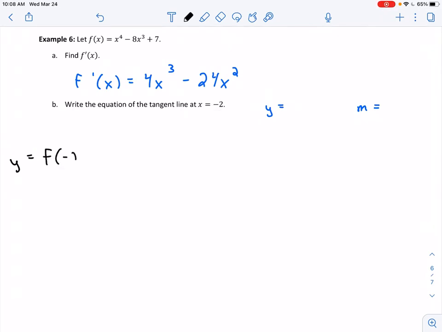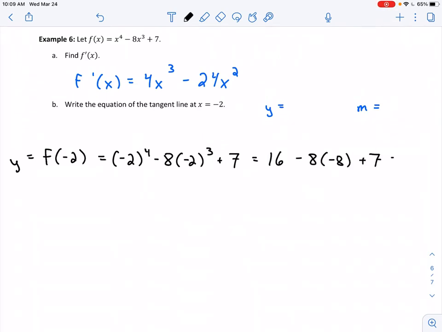So f of negative 2, this is negative 2 to the fourth power minus 8 times negative 2 to the third plus 7. Let's see, negative 2 to the fourth, I should have 16 minus 8 times negative 8 plus 7. If we work that out, we should end up with a y value of 87. So my y value is 87.